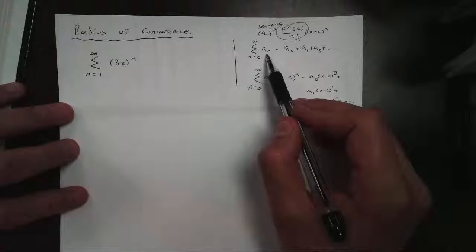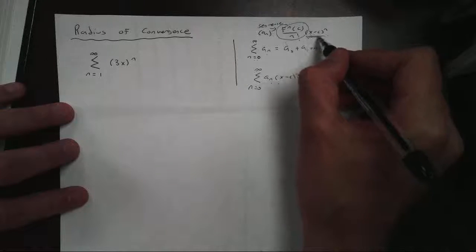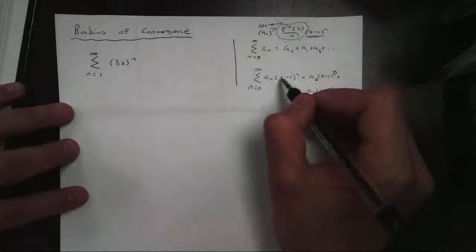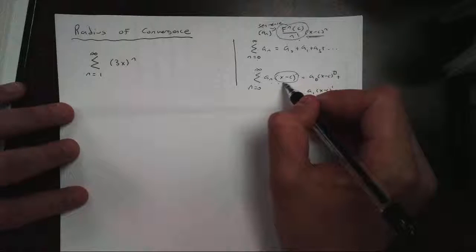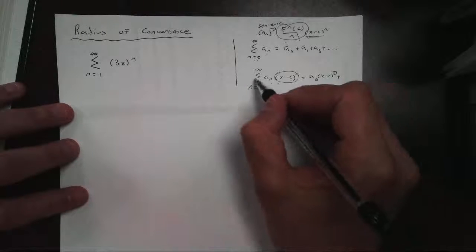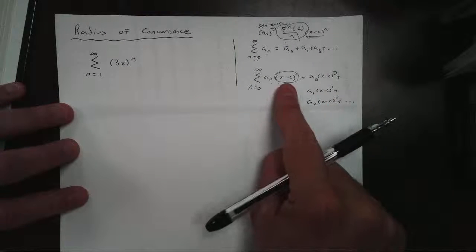That's just all those tests that we learned. But the problem is when we add in this polynomial part, this x minus c. The question that we're going to answer today is, are there values for x that will cause this series to converge or diverge? And that's what we're going to answer today.